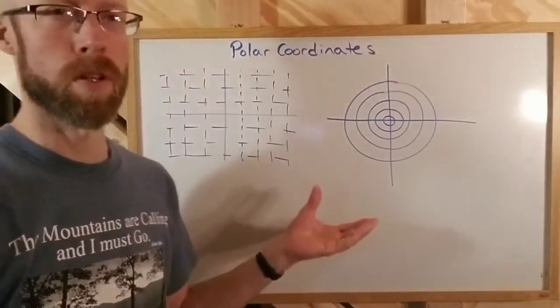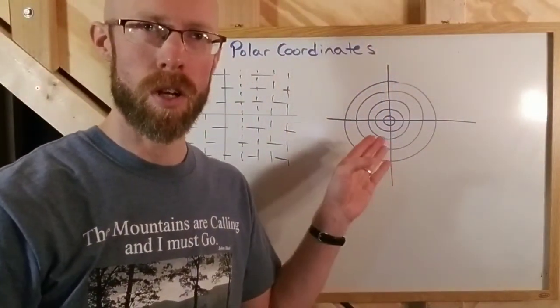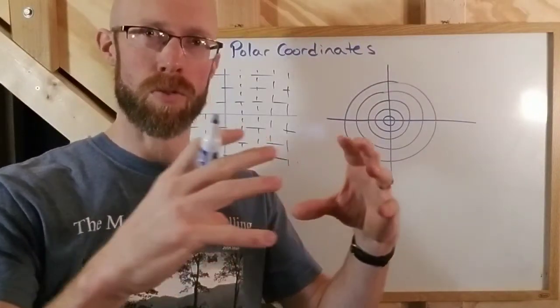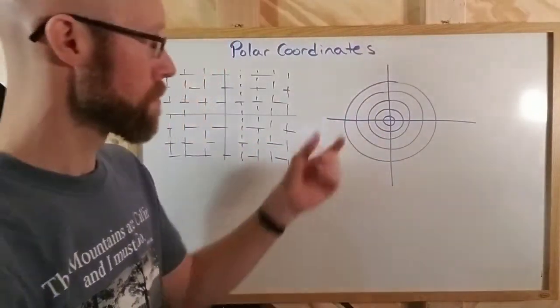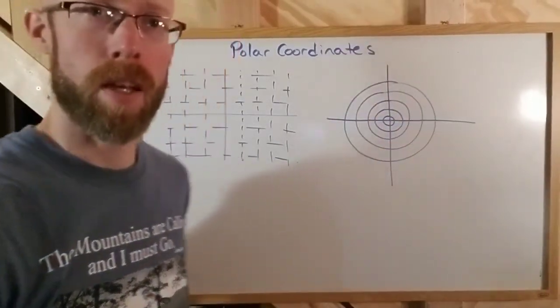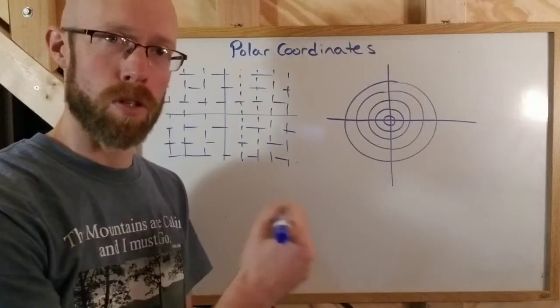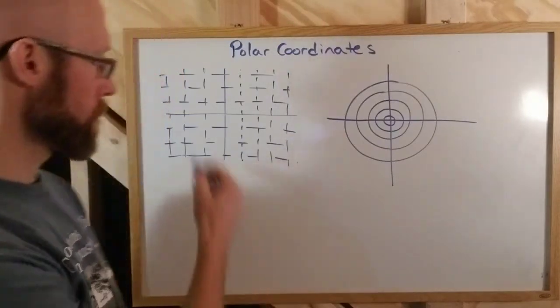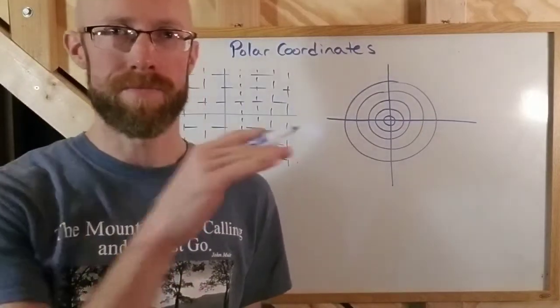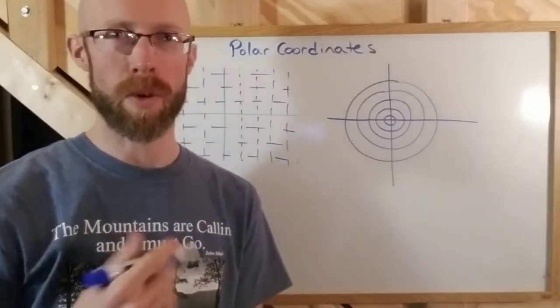A polar grid would look something more like this, where each concentric circle is at a fixed increasing radius. Okay, so maybe a radius of 1, then 2, then 3, then 4, then 5, and so forth. Okay, so your polar grid will look like concentric circles rather than a bunch of perpendicular intersecting roadways or something.